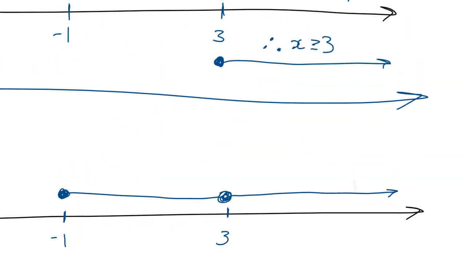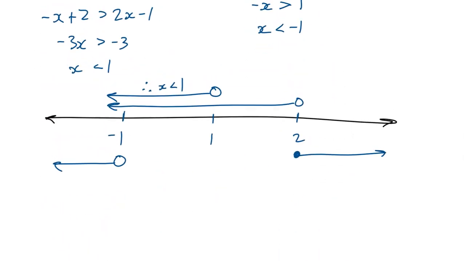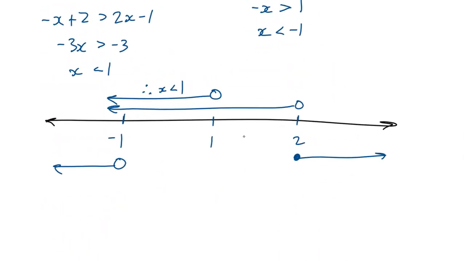Compare that to an example like this, where they're starting in different places, but pointing in opposite directions, but they do overlap, cross over each other. So you've got an interval in between where you've got solutions. So no solution here.